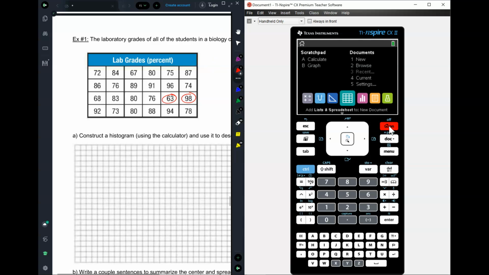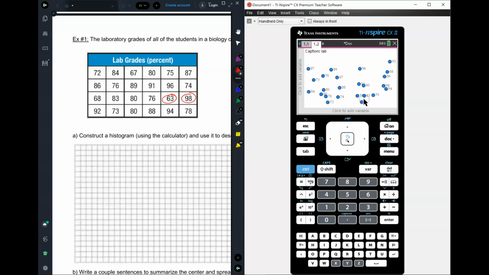I want to show you a couple of things to do here. We're going to press the on button, the one highlighted in red, then the purple icon for the spreadsheets, which is for the charts.